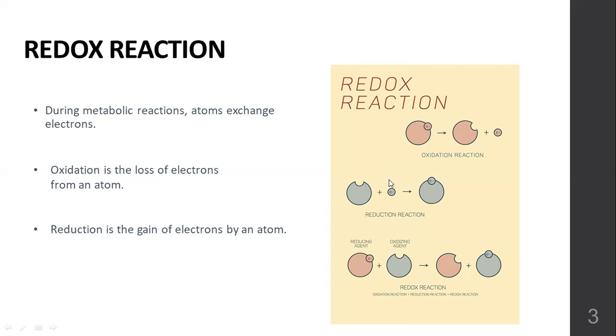Here there is a gain of an electron. The electron which was lost from another atom is combining with some other atom. So one atom has to undergo oxidation, the other atom will undergo reduction. Together, with the reducing agent and oxidizing agent, loss and gain, we call it a redox reaction. Is it clear to all so far?